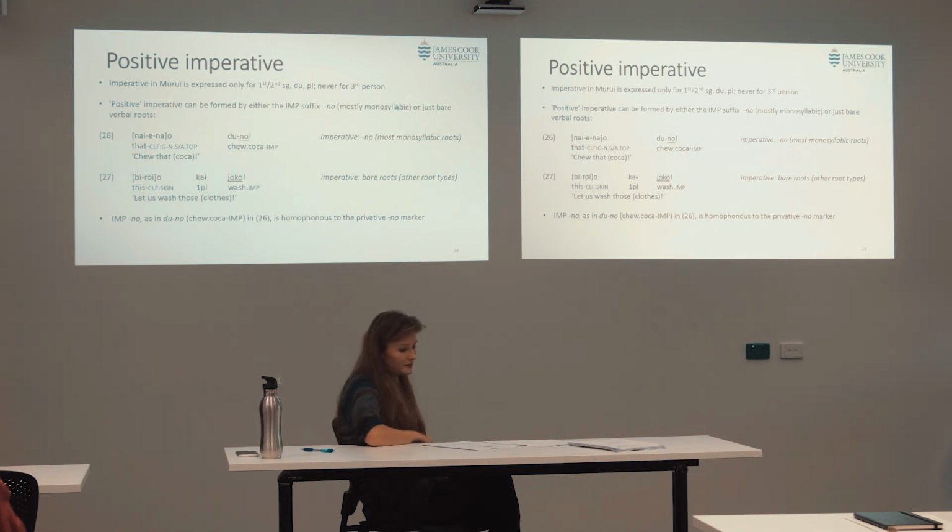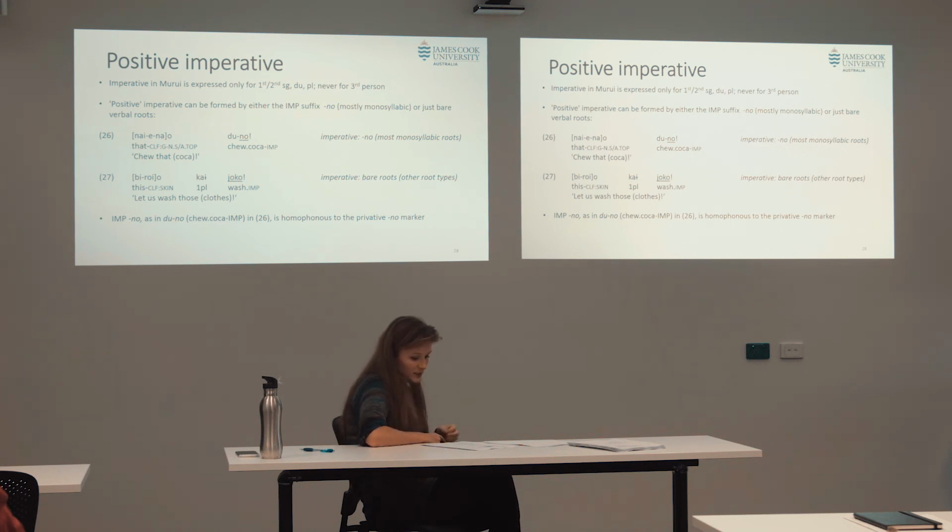So positive imperative is formed in Murui by either adding the suffix no, as in example 26, and that happens for most of the monosyllabic roots, naje, naduno, chudat, or it can have the form of bare roots, which is much more commonly occurring form of imperative, as in 27, biroit kai hoko, let us wash these clothes.